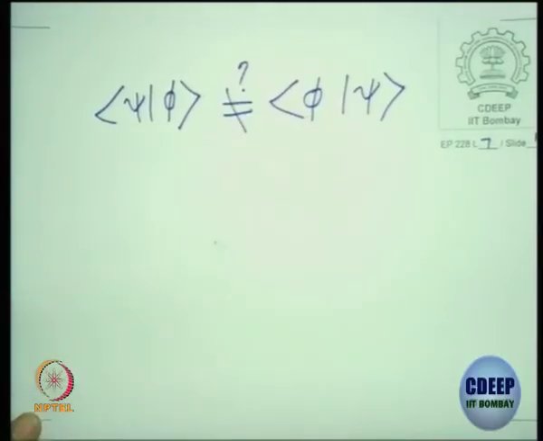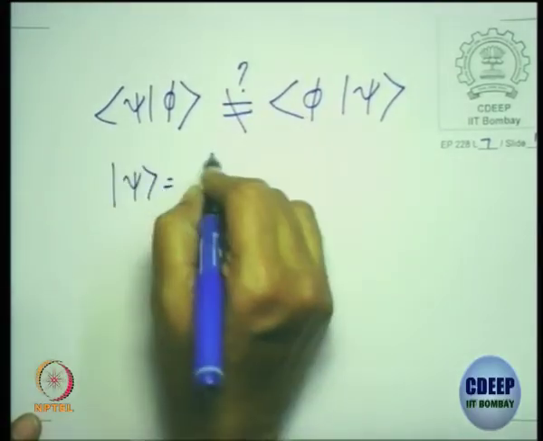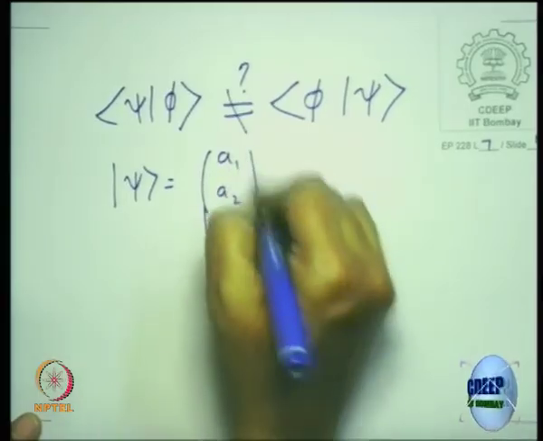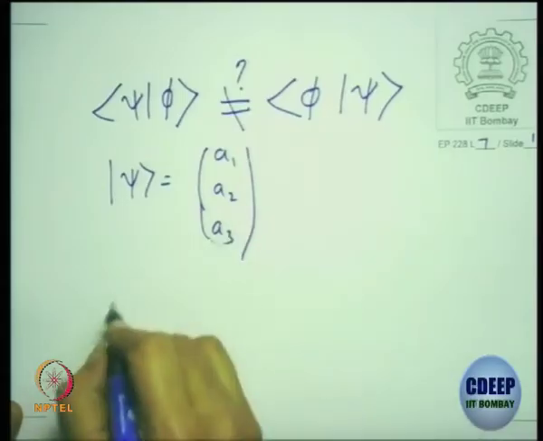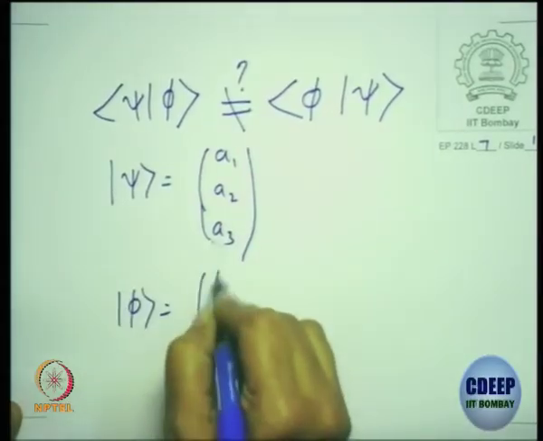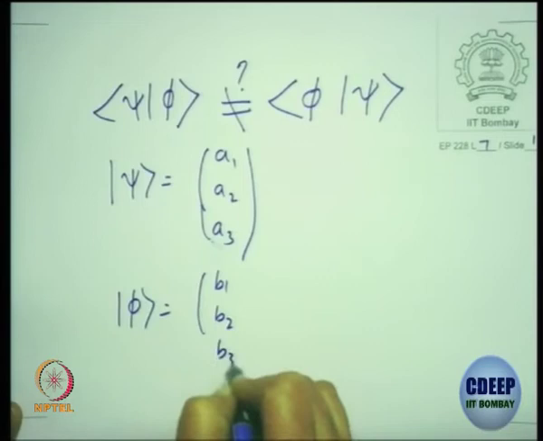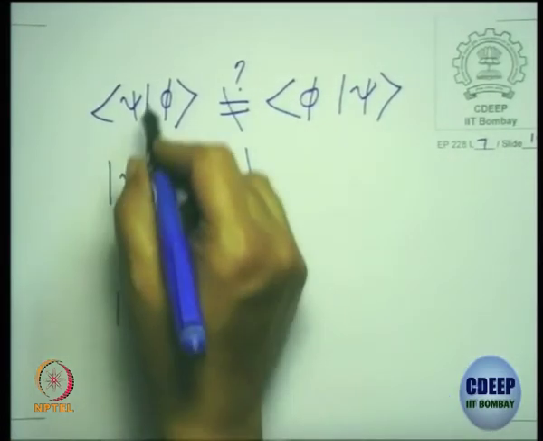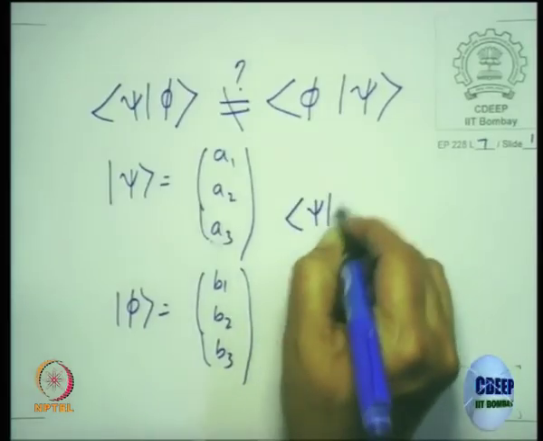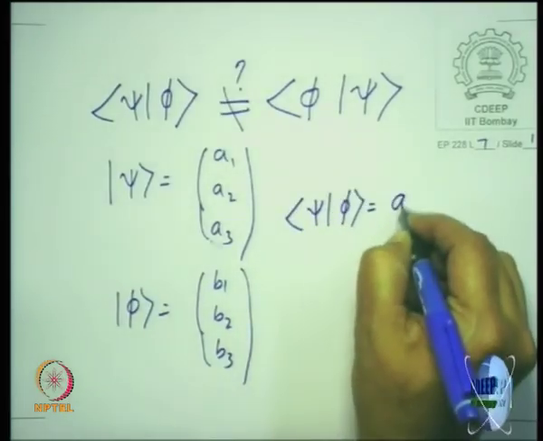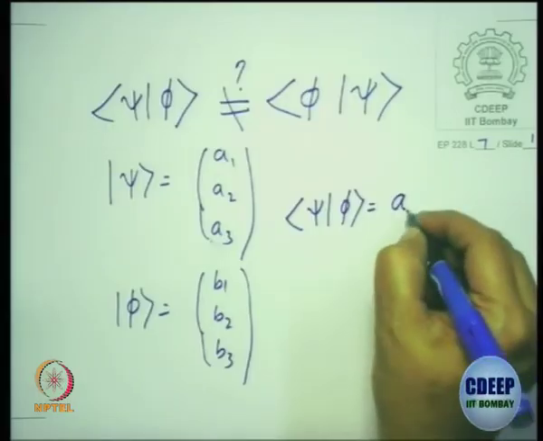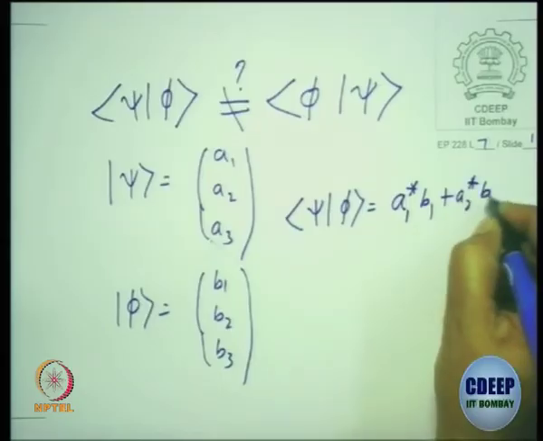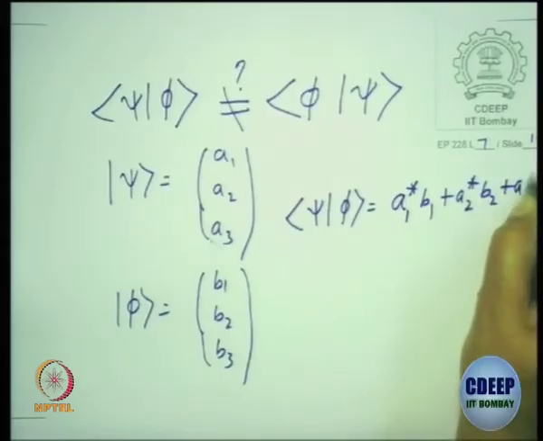No. So suppose I take psi to be, let's say, A1, A2, A3, which are complex, and we take phi to be B1, B2, B3, which are complex. What is psi phi? Which is A1 star B1 plus A2 star B2 plus A3 star B3.